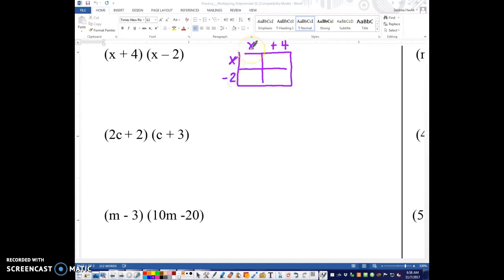X times x is x squared. X times -2 is negative 2x, good. X times 4 is 4x. And 4 times negative 2 is negative 8. So let's write this over here. We have x squared plus 4x minus 2x minus 8.